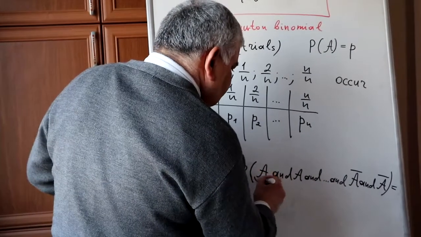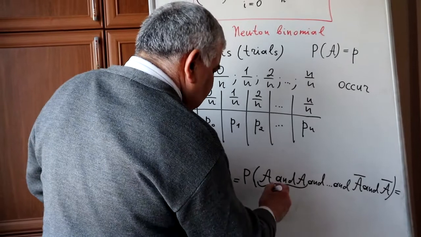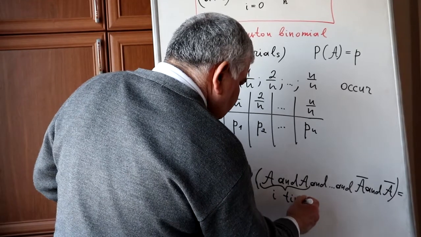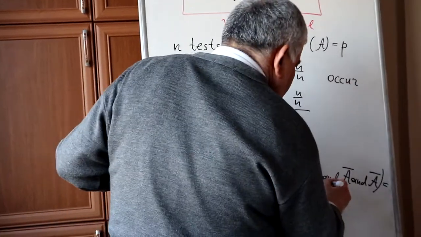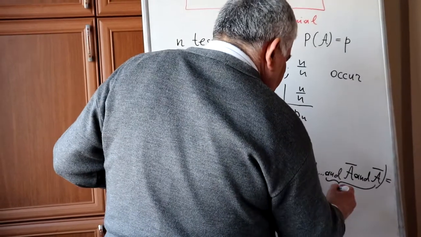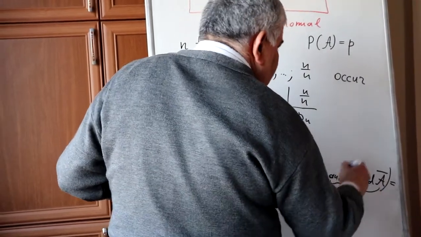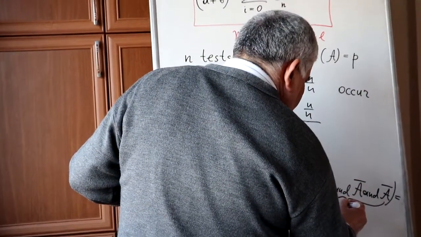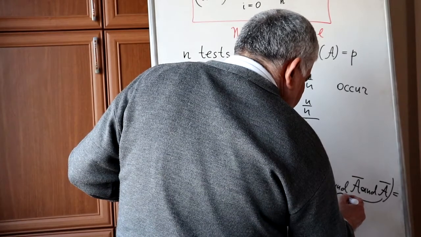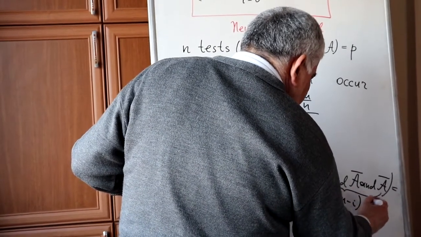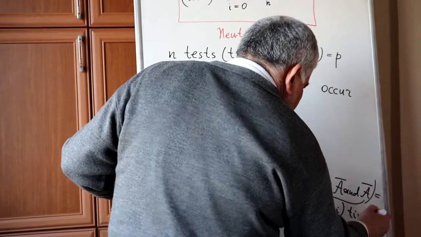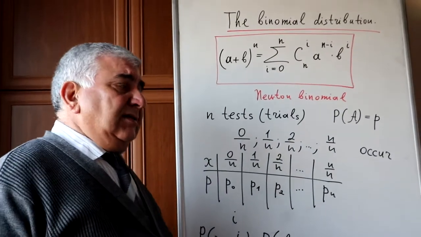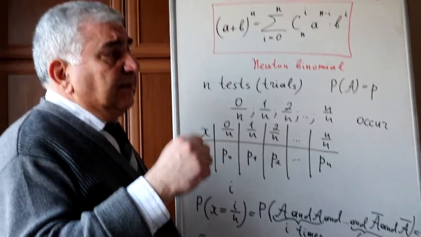Let the event A be realized i times and A with a line be realized, or appear, n minus i times. And operation "and" is also the multiplication of events.